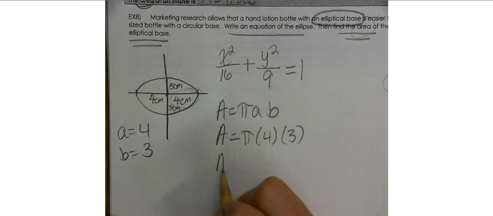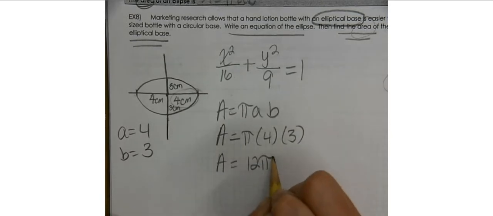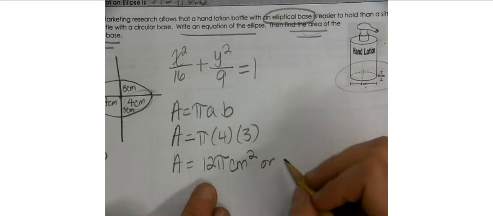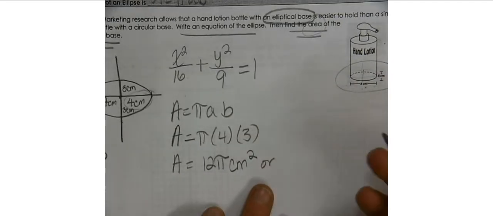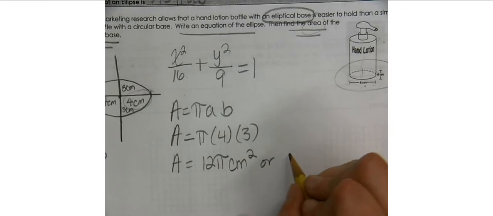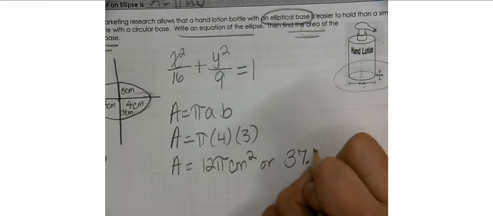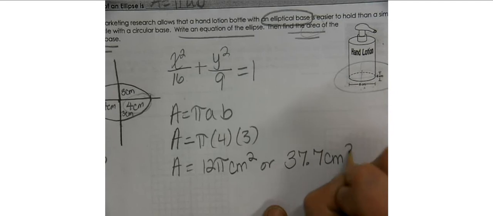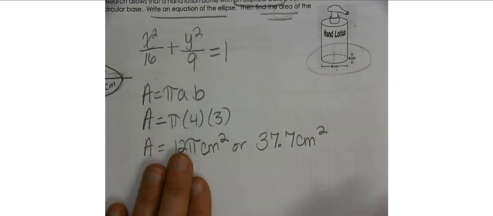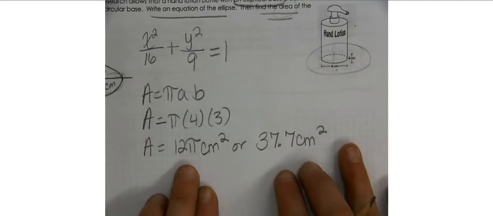So our area is equal to 12 pi, and our units over here are centimeters, so that's going to be 12 pi centimeters squared. Or if they ask for an approximate answer, rounding to the nearest tenth, like we've done this entire unit so far, it is 37.7 centimeters squared. So this is your exact, in terms of pi, and here's your approximate.